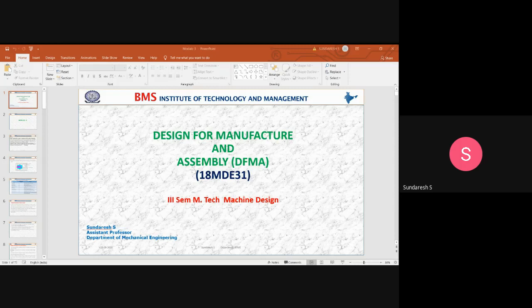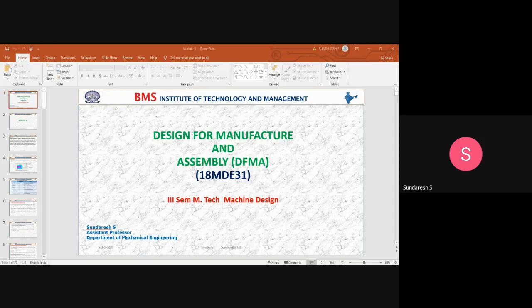But all those things correspond to obtaining the dimensions of a component, and once you get the dimensions, you can produce it in the form of a drawing, either in 2D or 3D. This is what you might have studied in your UG and PG in design of machine elements.